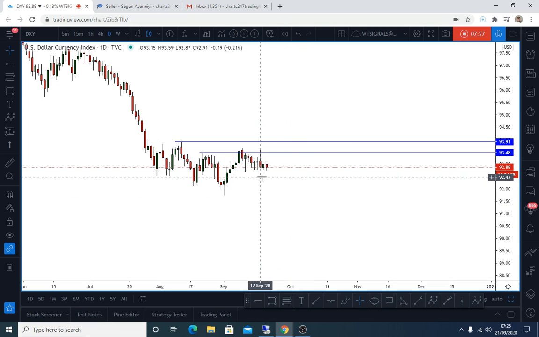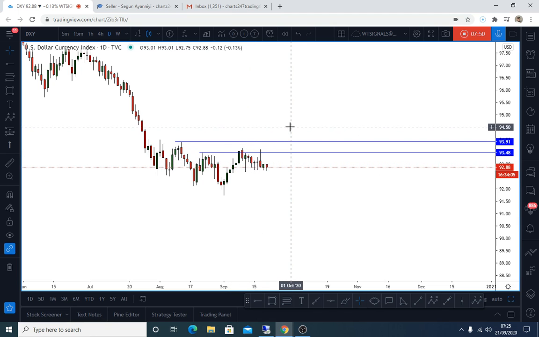The low of Friday here is 92.77. The low of today, 92.75. So that means price has actually traded below the low of Friday, and now it's trading back above it, and you're expecting a push up.